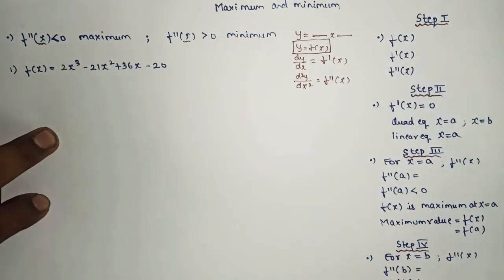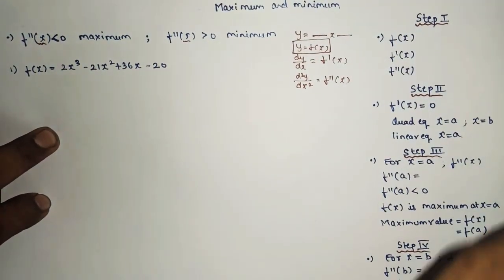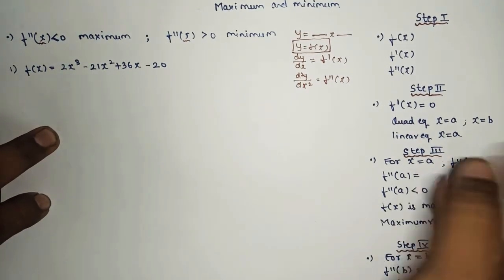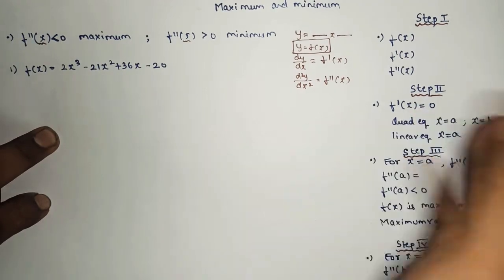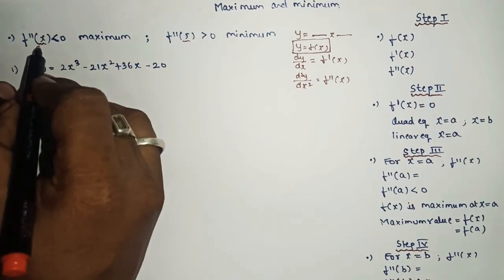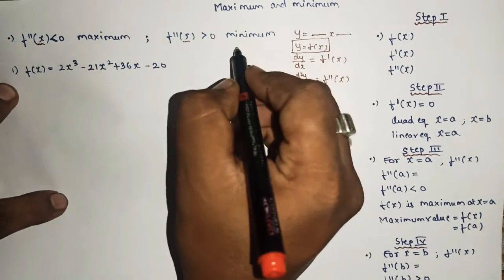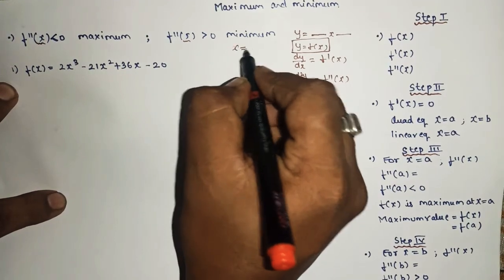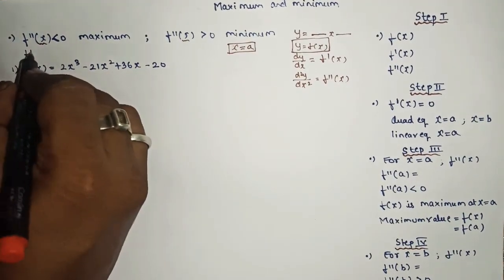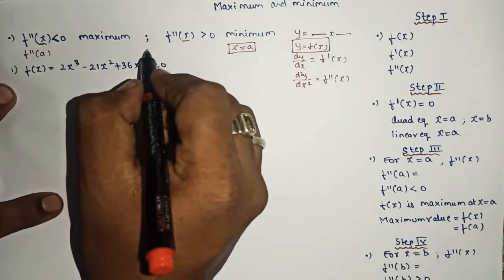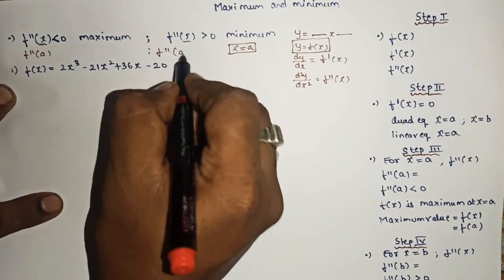When you solve, you will get the value of x in a particular step. For example, if the value of x is 2 or 3, you will substitute this value of x. Here I will take the value of x as a, and you will replace the value of x by a.